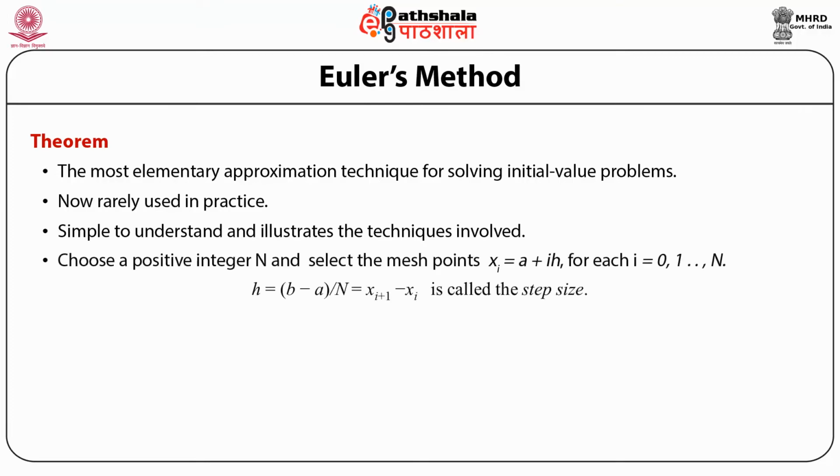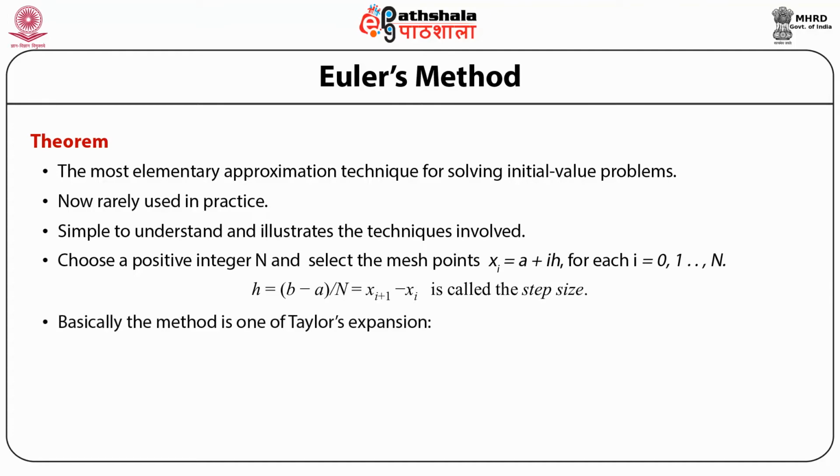Let us choose a positive integer capital N and select the mesh points x_i equals a plus i h for each i varying from 0 to capital N. Then h equals (b minus a) divided by N, which is equal to x_(i+1) minus x_i, is the step size.